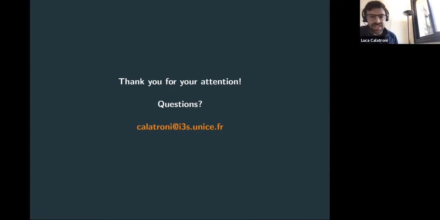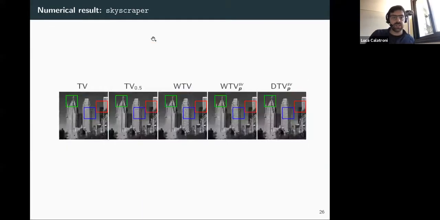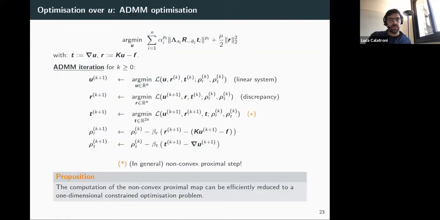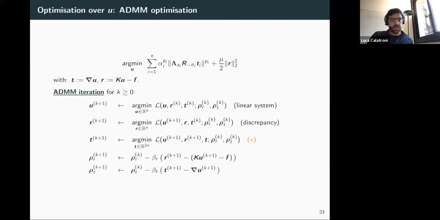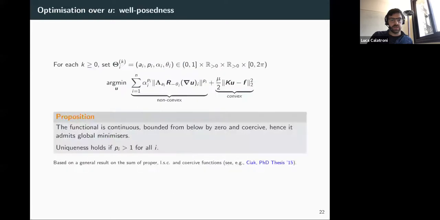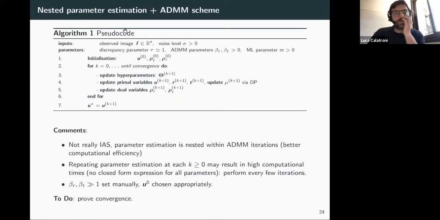Jonathan is asking about the cost of solving these in the full space. That's of course a bit different from TV, because, let's go back to the algorithm. The general answer is that it really depends on which generalization of TV you are considering.